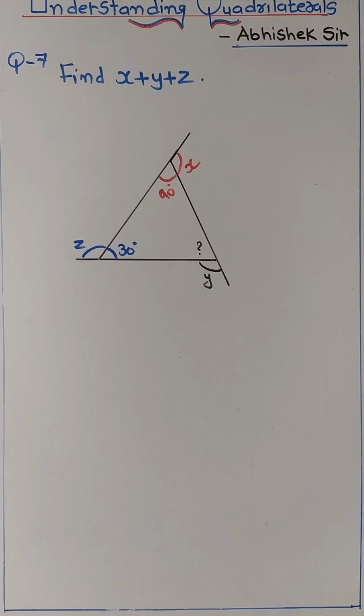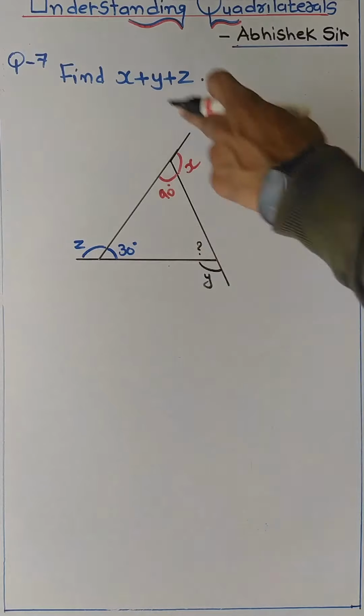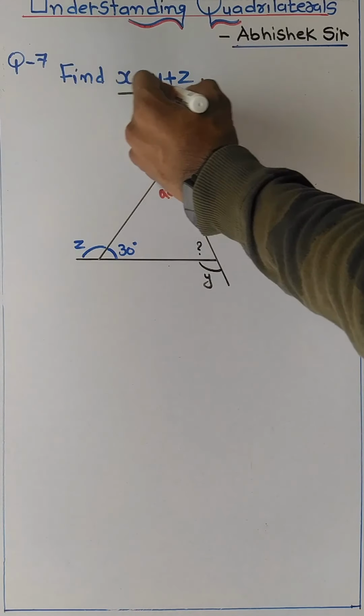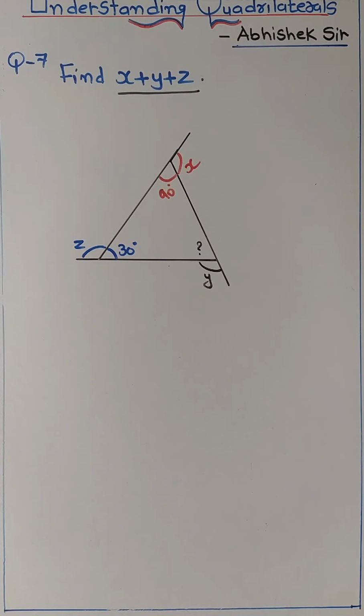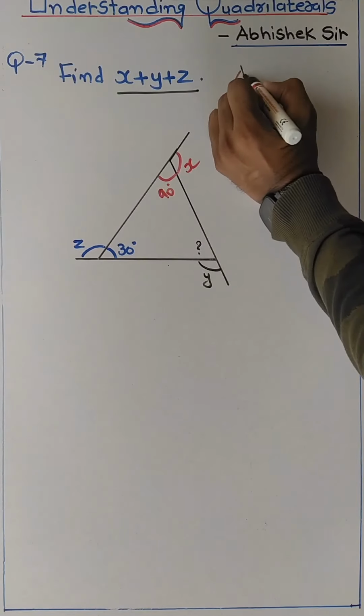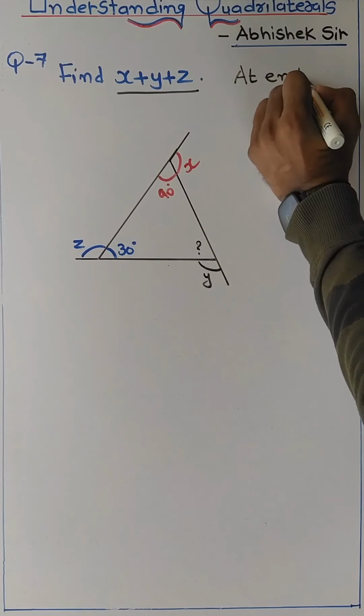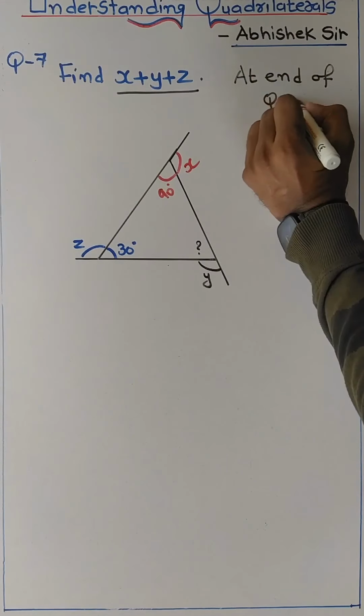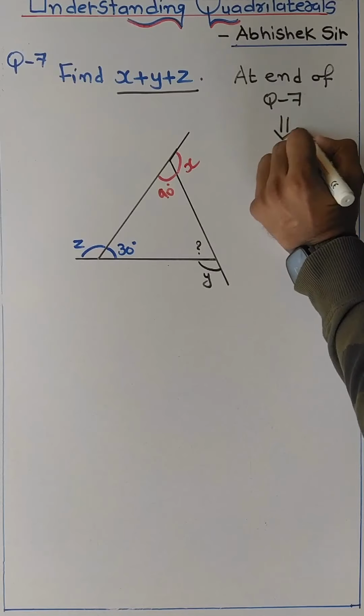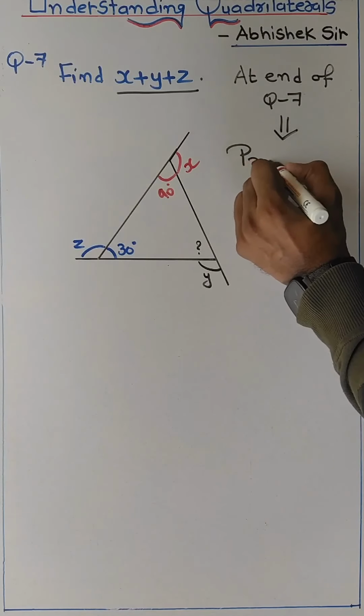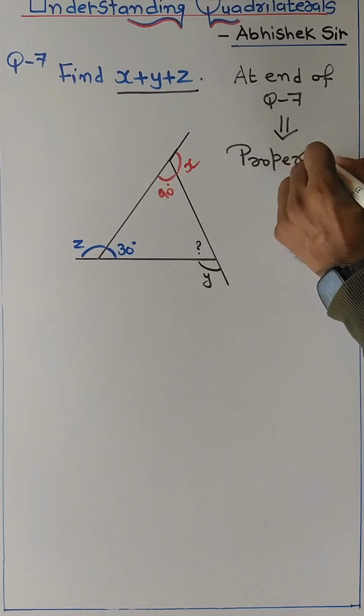Now moving on to the last question, that is question number 7, in which we are not finding any special angle, but we are finding the sum of different angles, right? So this is a special kind of question in which at the end of question number 7 we will be able to form a kind of property, right?